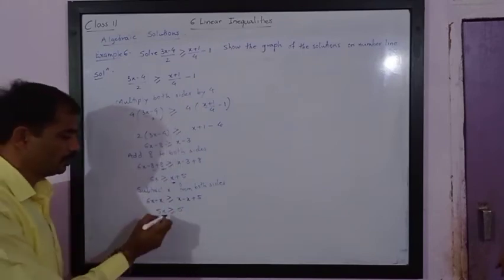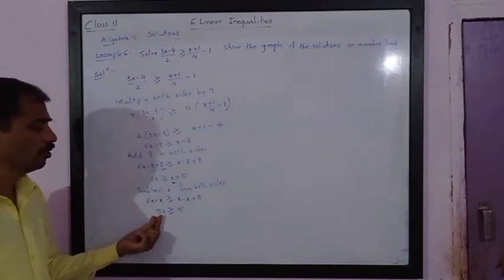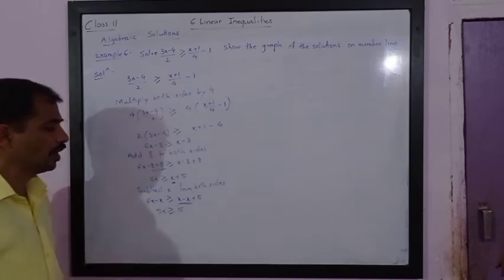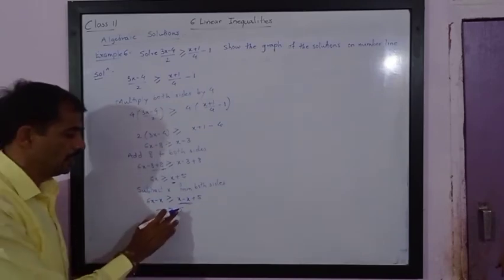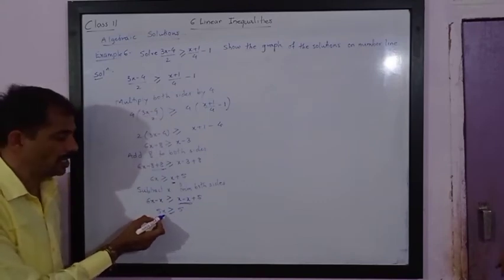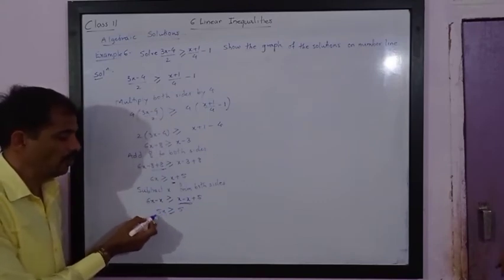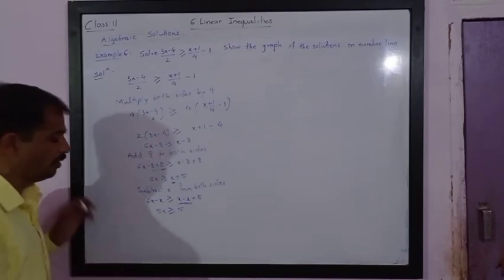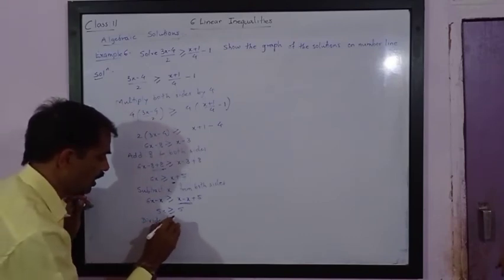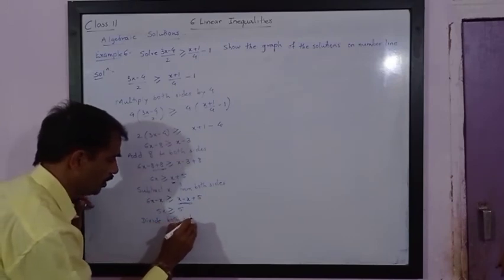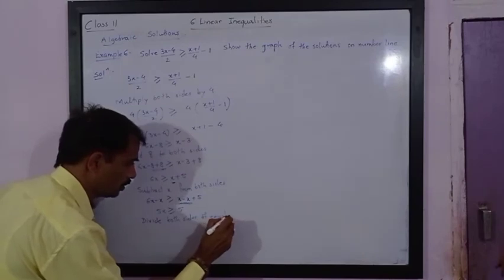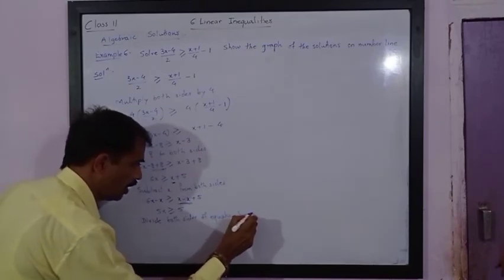Now please note, we have got 5x is greater than or equal to 5, as 6x minus x is 5x. Now we need only x on the left hand side. So to eliminate 5 from the left hand side, we divide both sides of the equation by 5.